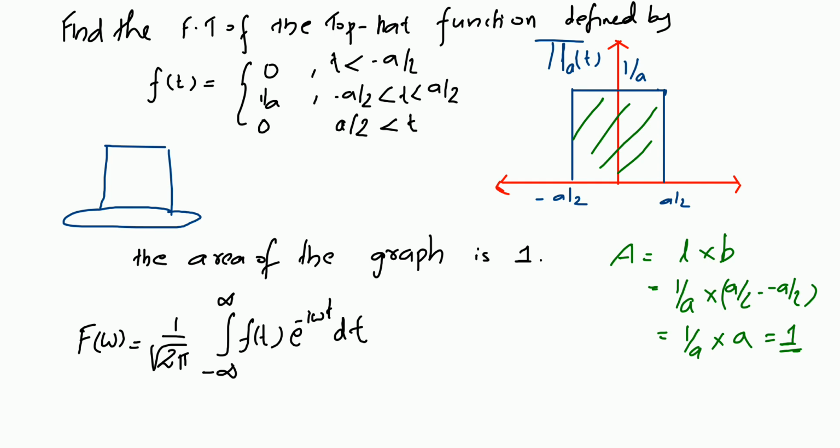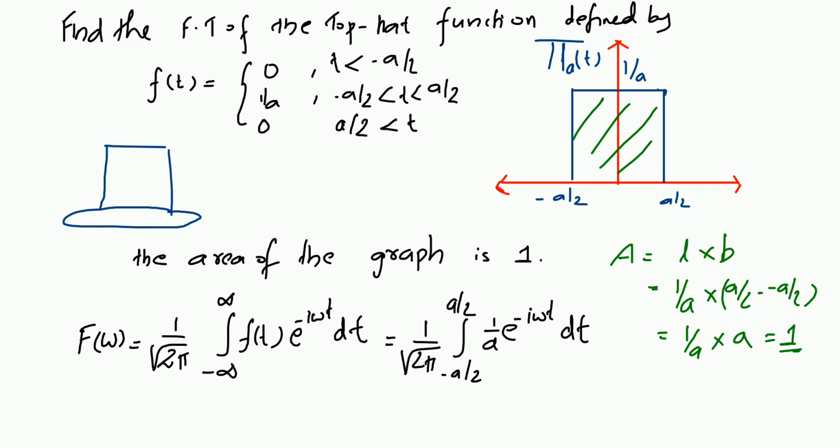Our function is defined only between minus a by 2 and a by 2, so this integral will become 1 by root 2 pi integral from minus a by 2 to a by 2 of 1 by a times e raised to minus i omega t dt.